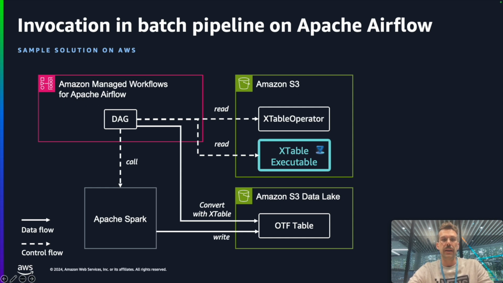MWAA then triggers, based on our example DAG definition, first the data generation with Apache Spark in our example, second the metadata translation with XTable itself, and third an update of a Redshift materialized view. Not visible in this architecture, but we will walk through this soon as part of our demo.